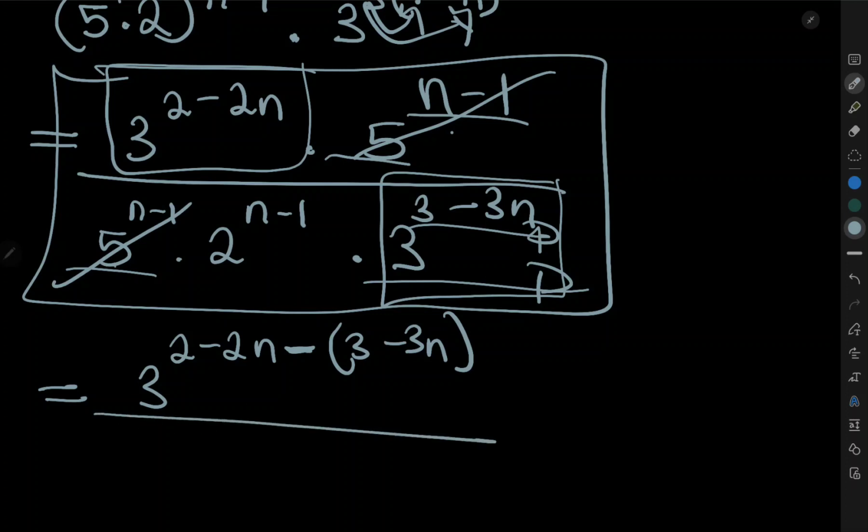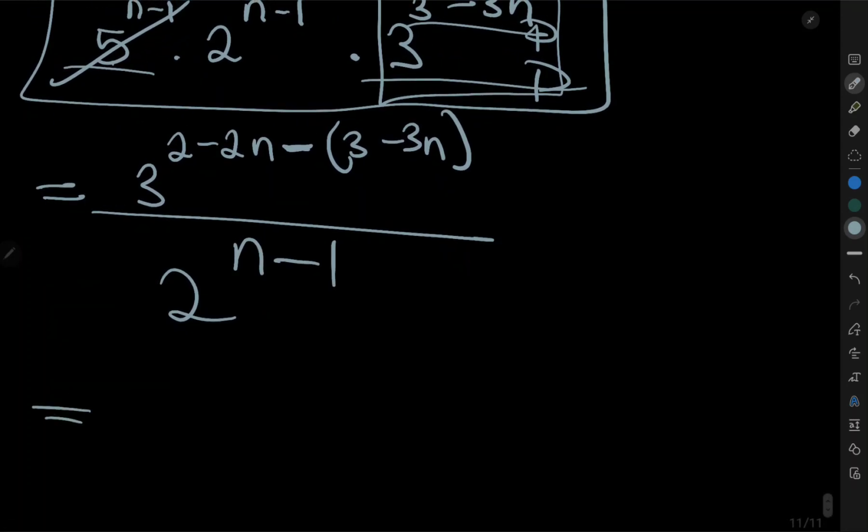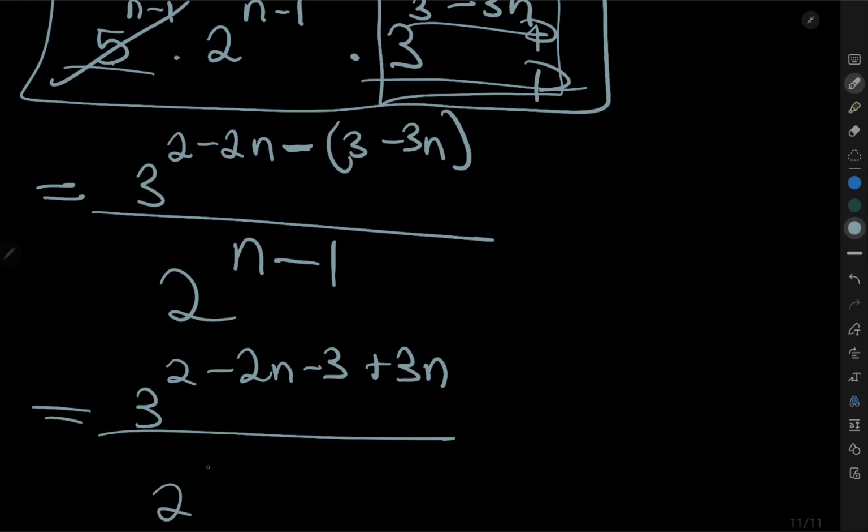So what I have remaining at the denominator is 2 to the power of n minus 1. It doesn't really have a pair, so I'm just going to rewrite it like that. So now if I simplify this further, I'm going to have 3 to the power of 2 minus 2n minus 3 plus 3n all over 2 to the power of n minus 1.